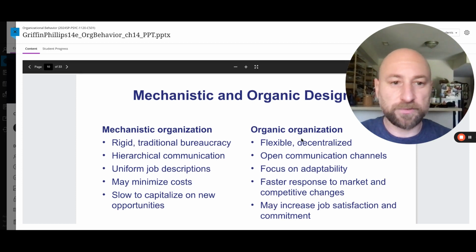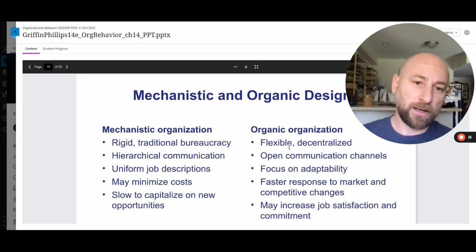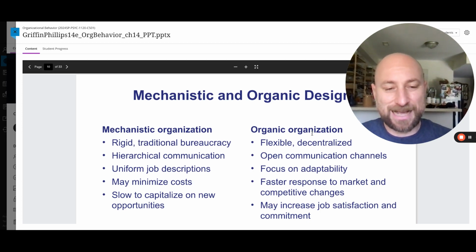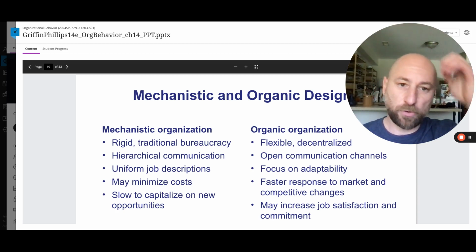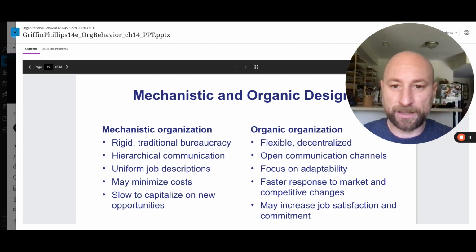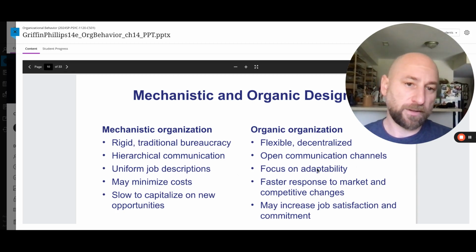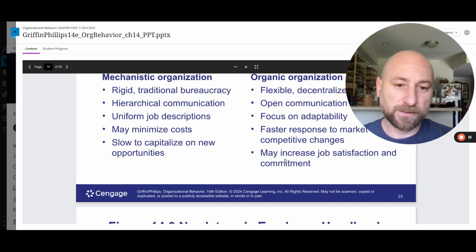So the flat organization or the wide organization is going to be closer to this organic. It's not exactly the same concept, but it's going to tend to have more of the characteristics of an organic organization. So if you want to move in that direction, you want to think of a flatter organization.